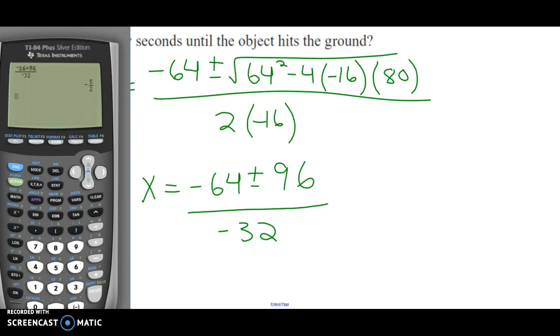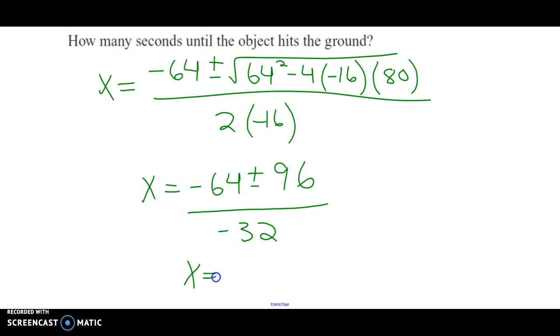And let's go ahead and get decimal. Decimal makes more sense for time, right? So how do I turn a fraction into a decimal? You do the Math, 2. So x equals negative 2.5. That's one of my answers.